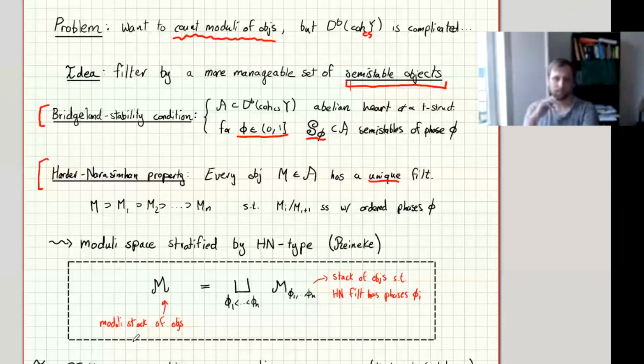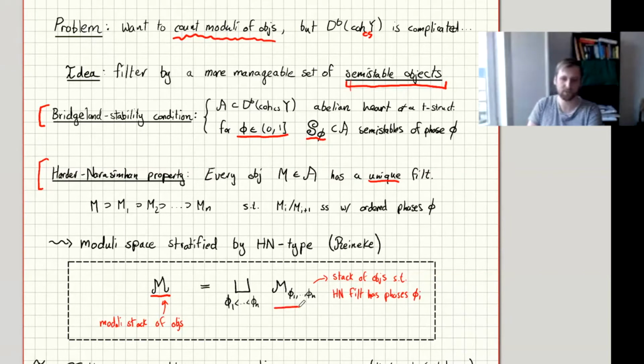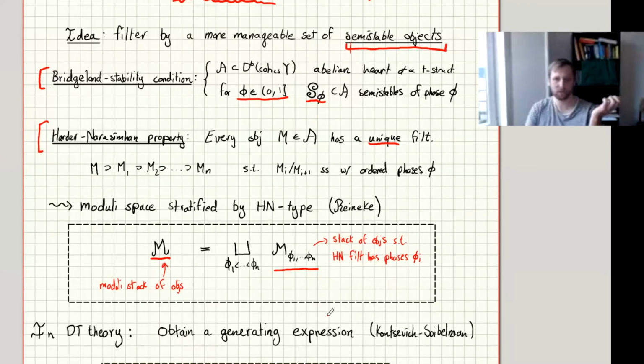Right, and so there's been a lot of work on interpreting this in DT theory. So if we want to count objects here, then we can look at each of these strata. And because these strata are given by extensions of semistable objects, so objects which filter by certain semistable objects, we get a nice formula in DT theory.